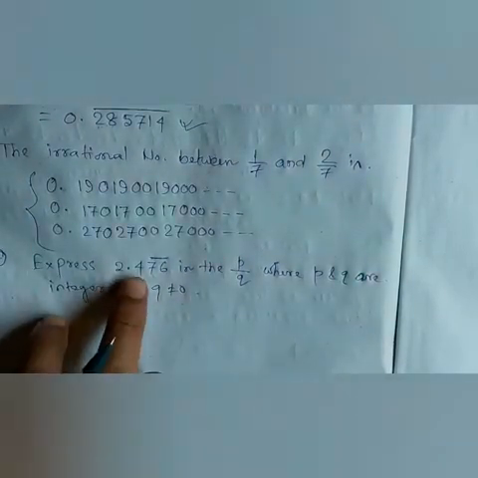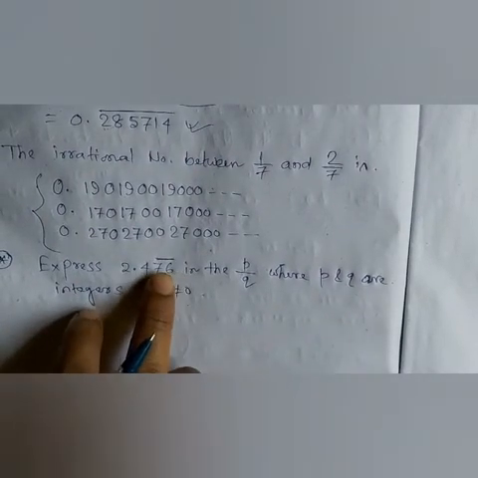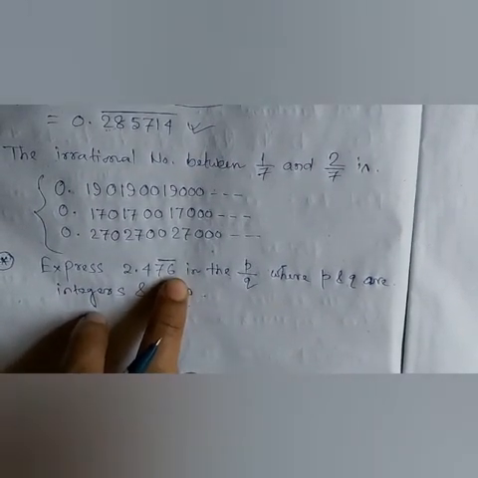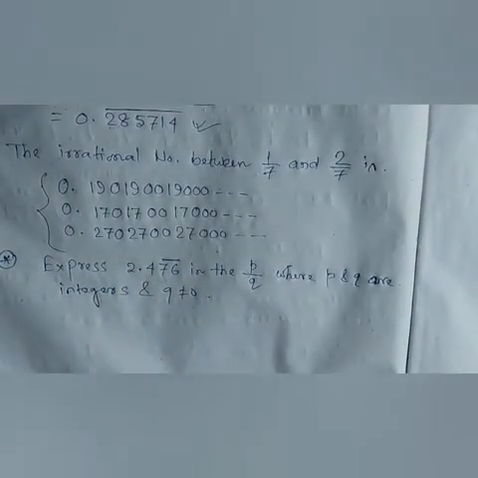That means we have to express 2.476, with 76 repeated, in the form of p by q, that means as a rational number.